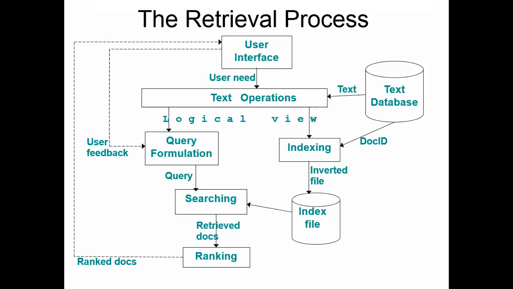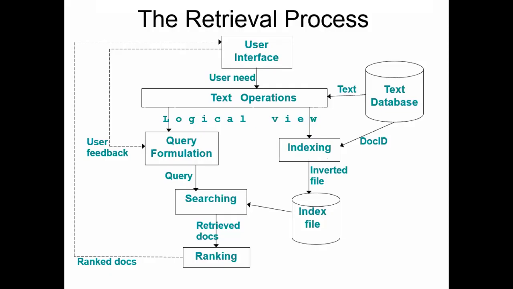So within the text operation itself, there are a series of steps like tokenization, stopword detection, normalization, stemming, and sometimes the use of thesaurus for grouping together different words with similar meaning. So the text operation is trying to come up with the logical view of the textual document that comes from the author's world, and the logical view of the user's query.